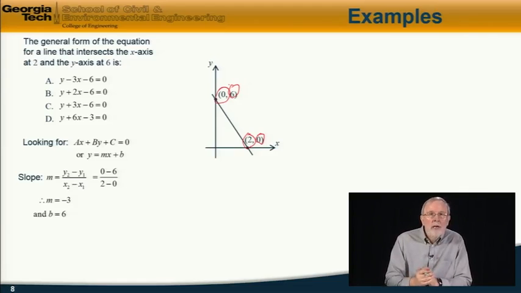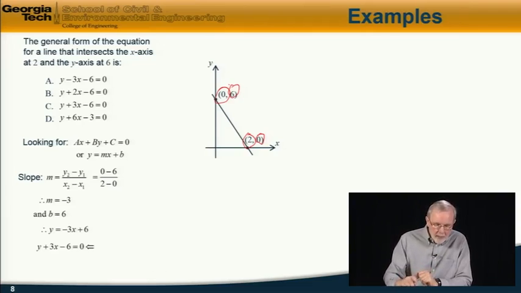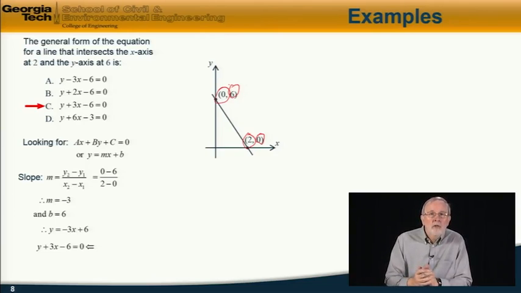And we also already know the intercept is b is equal to 6. So therefore, the equation of the line is y equals minus 3x plus 6. And rewriting that in the general form, we have y plus 3x minus 6 is equal to 0. So the answer is C. And this concludes our discussion of straight lines.